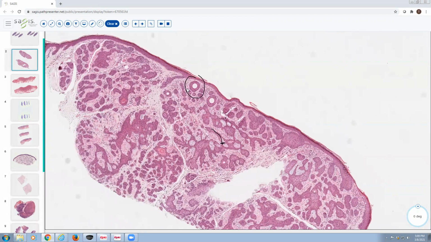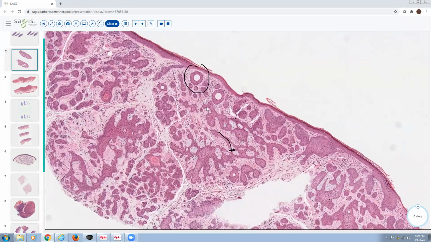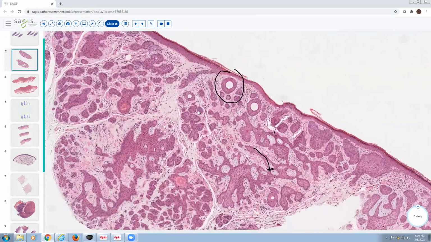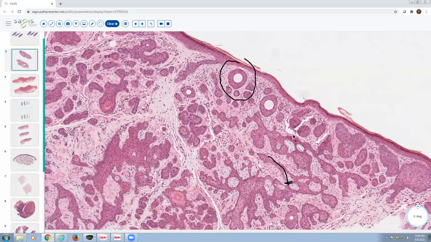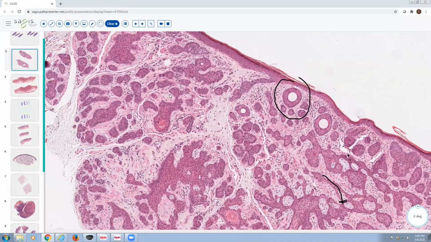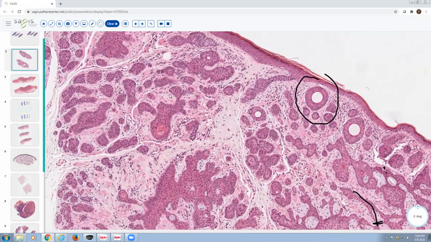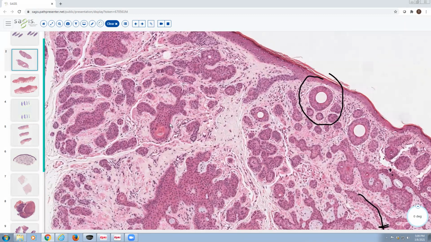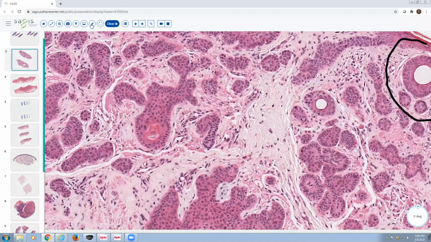And it's these infundibular cysts that really indicate that this is a more terminally differentiated keratinocytic proliferation. So how do we know that this is still in the category of basal cell carcinoma? Well, you still have some of the features that you expect to see in basal cell carcinoma, such as peripheral palisading of nuclei.